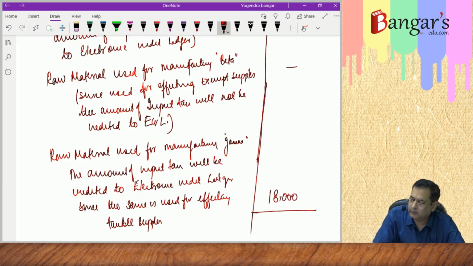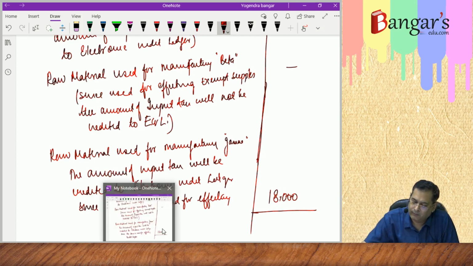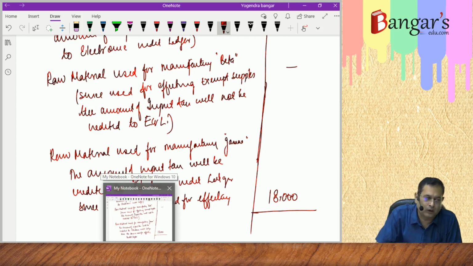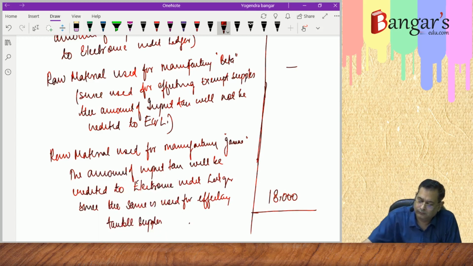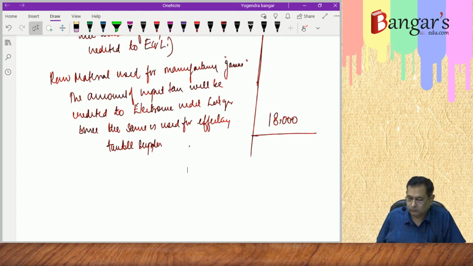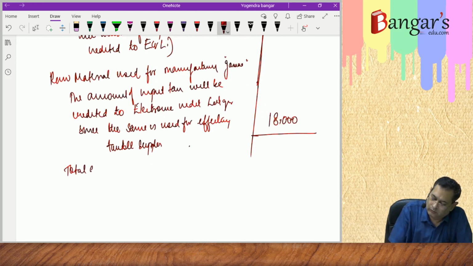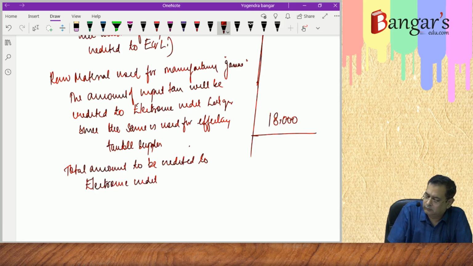So the total amount to be credited to the electronic credit ledger, how much amount is to be credited?